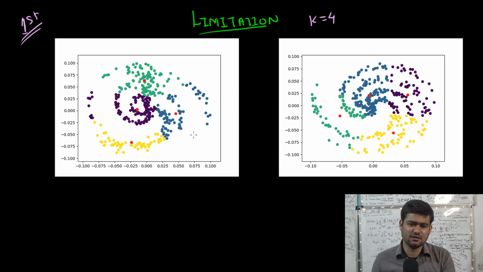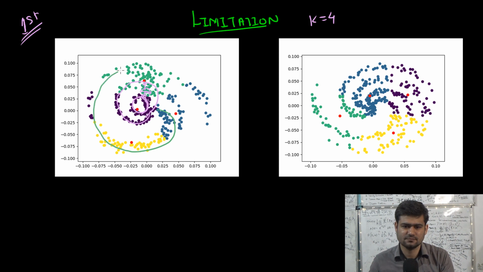So ideally, this should have been one cluster, this should have been the second cluster. So part of this data goes to this cluster and some part of this data goes to this cluster. Then there is this third cluster, and finally there should have been this fourth cluster.